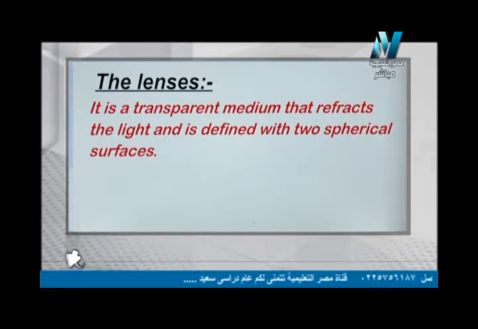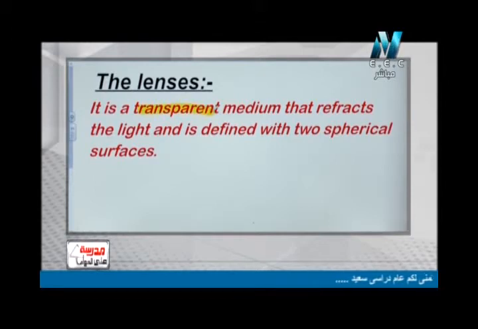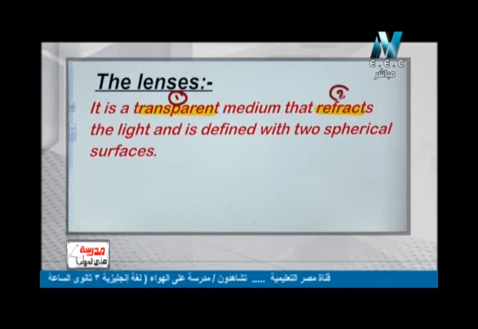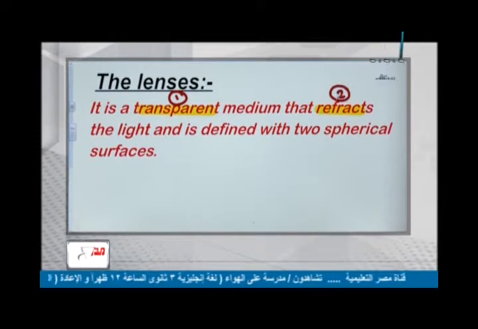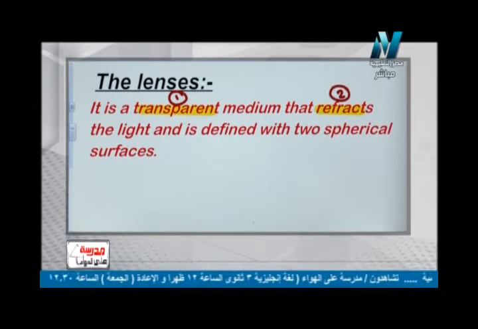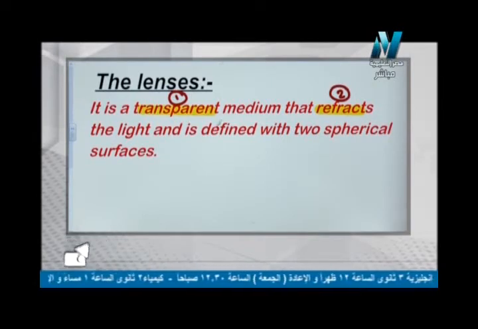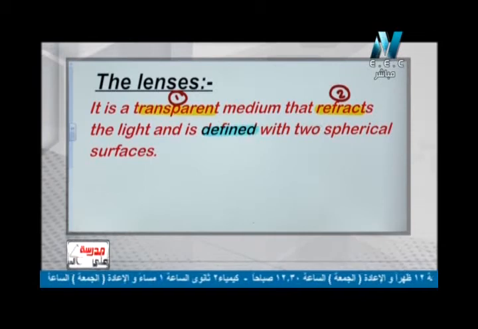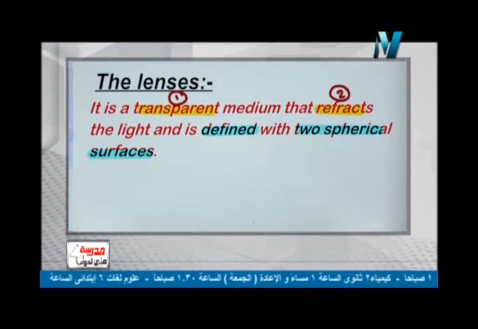Number 1, it is transparent. Number 2, it refracts light, meaning it bends the light rays. And at the same time, the lenses are defined with 2 spherical faces or surfaces, not only one face.